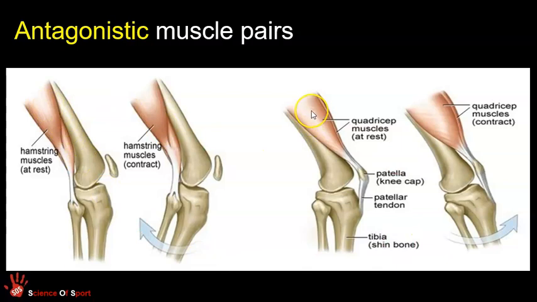The quadriceps are anterior on the front of the femur, and the hamstrings are posterior on the back of the femur. When quadriceps contract, they pull on this tendon, which creates extension, and you might already have figured out that when the hamstrings contract, they pull on this tendon, which attaches below on the fibula, and they create flexion at the knee joint.